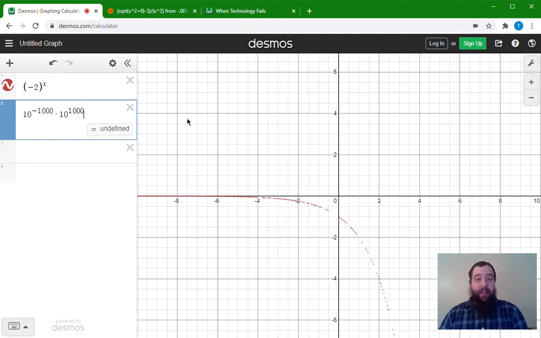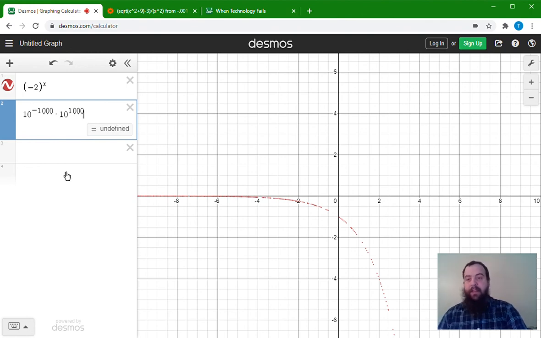Now, is it possible that somebody behind the scenes on Desmos might say, "Oh, hold on, we know what 10 to the minus 1,000 times 10 to the 1,000th is. Let's fix that."